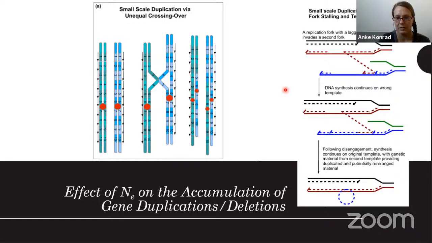Both of them can cause up to medium-sized duplications. And then, of course, you have the other mechanisms like aneuploidy or polyploidy that cause the duplications of entire chromosomes or genomes.